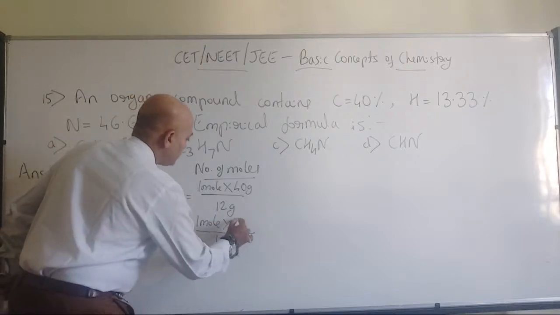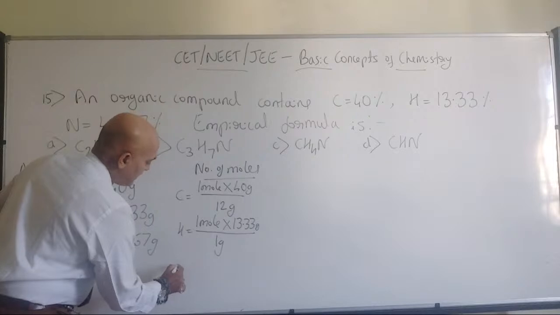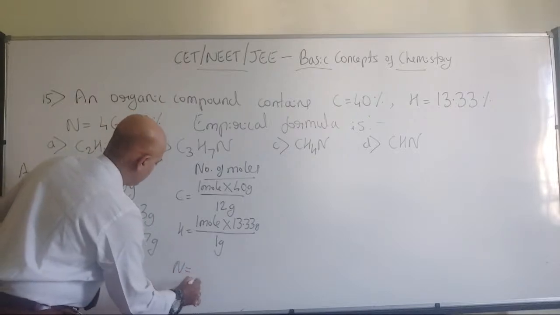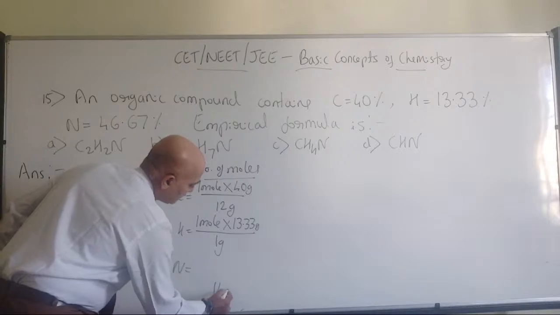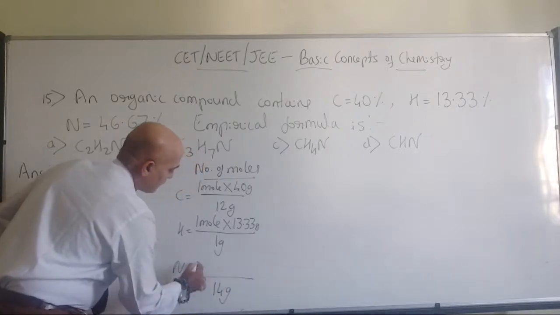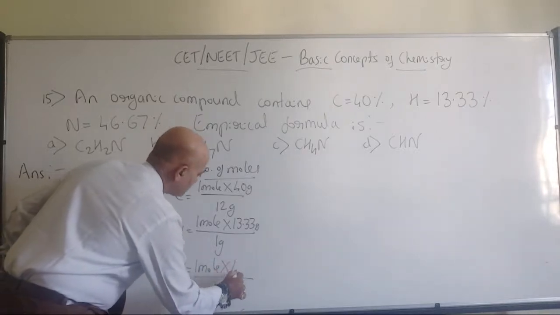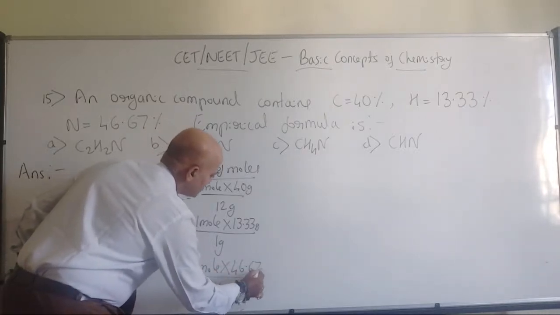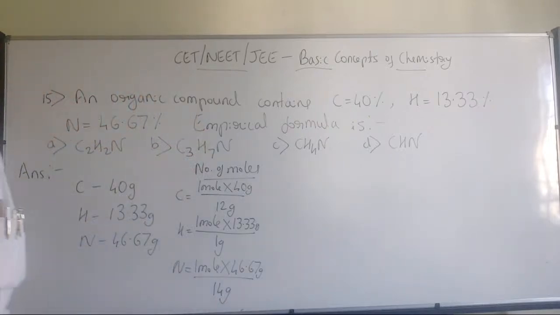How much for 13.33 grams? Same way when it comes to nitrogen, the atomic mass is 14 grams. So for 14 grams we have 1 mole. How much for 46.67 grams?